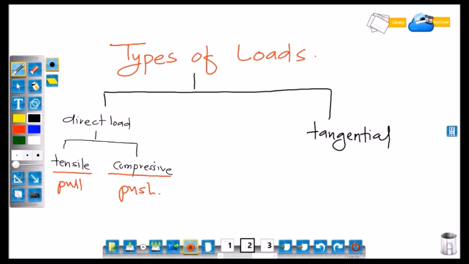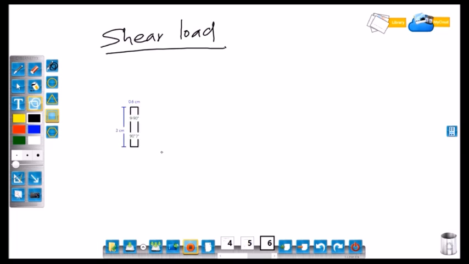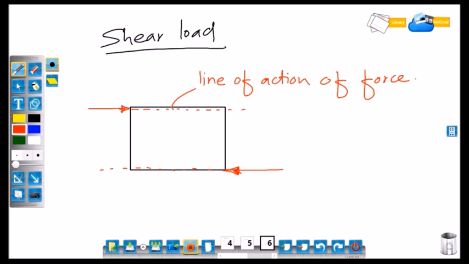Another type of load is tangential, that is shear load. Let's see shear load. This is a body and force is applied tangentially to the body. This is the line of action of the force and this is the axis of the body.